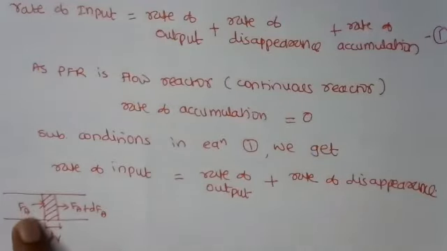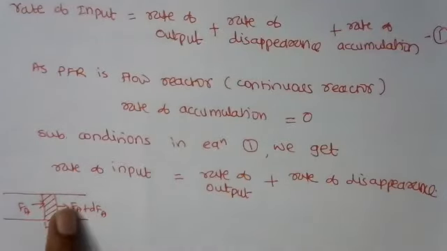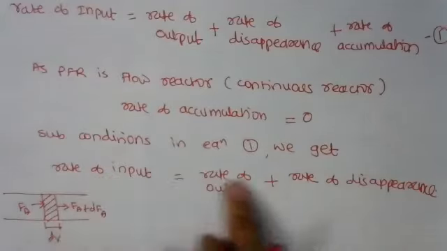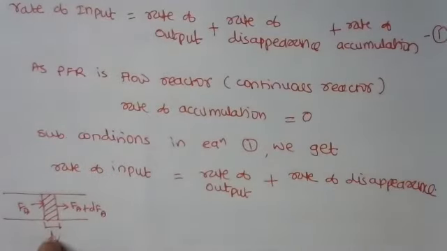That's why it is steady state. But as it is a progressive reactor, or the reaction occurs in a progressive manner, what we are going to do is write the material balance across a particular volume, and then integrate over the entire volume of the reactor, that is from 0 to V. So consider this as equation 2.